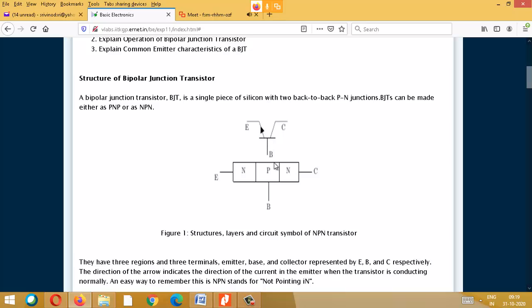Okay, now the center portion, here we have taken as P type. So from here we will try to control the flow of holes, such that this will become totally N. See, if I inject N here, it will become totally N, then there will be flow of electron. So this flow of electron will start only if there is some base current.